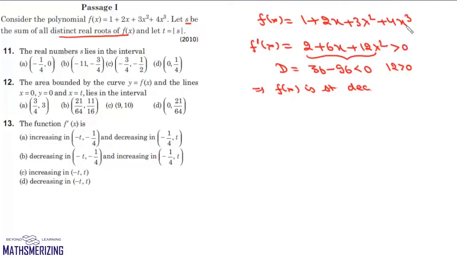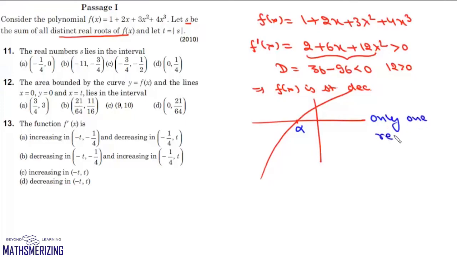And since it is a cubic function, it starts from minus infinity and it ends at plus infinity. So this curve will intersect the x-axis only at one point. This equation will have only one real root.